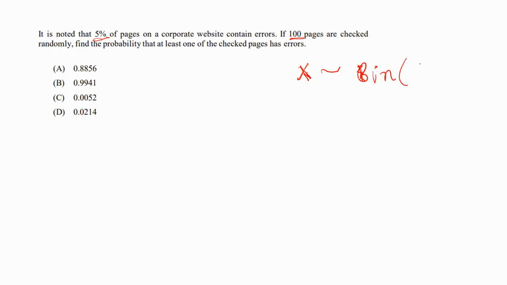So basically it is following a binomial distribution.